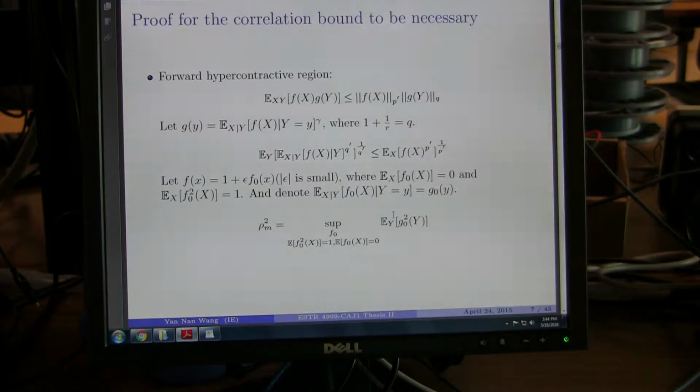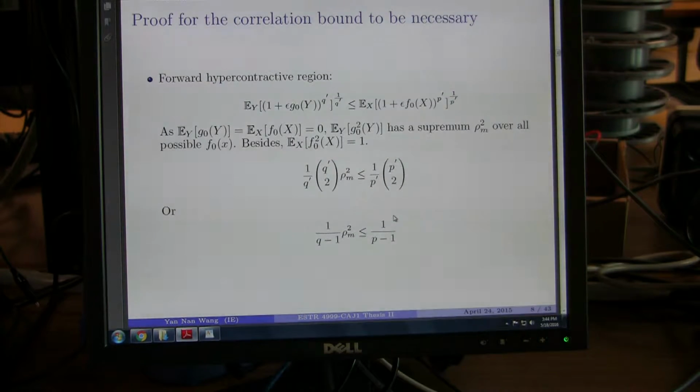By using the notations of f0 and g0, we could transform the inequality this way. As epsilon is very small, we could use Taylor expansion on this inequality and ignore the higher order terms of epsilon. So we only consider the term of epsilon squared here because the expectation of g0 and the expectation of f0 are 0.